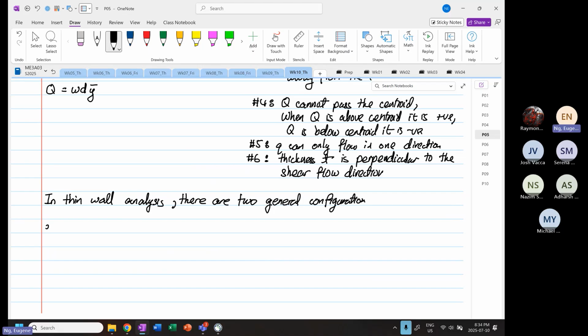The first one is what we call the box beam. You only use this in thin wall analysis. I repeat again, we only use this in thin wall analysis. In non-thin wall, this will not apply.